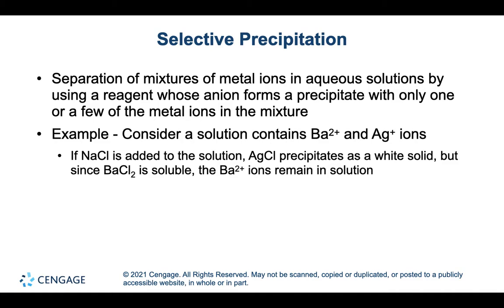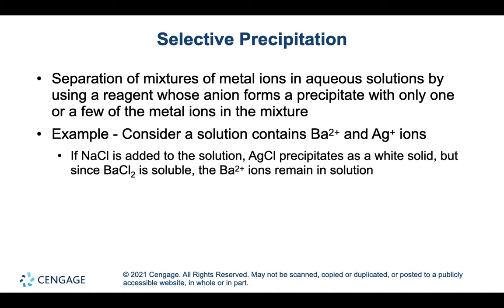So the addition of a reactant or reagent whose anion forms a precipitate with one or more of the metal ions in the mixture, but not all of them, is a technique used in qualitative analysis for separating mixtures out, so you can deal with a certain set of ions and separate them away from other ions that may form competing reactions further down the scheme as you go along.